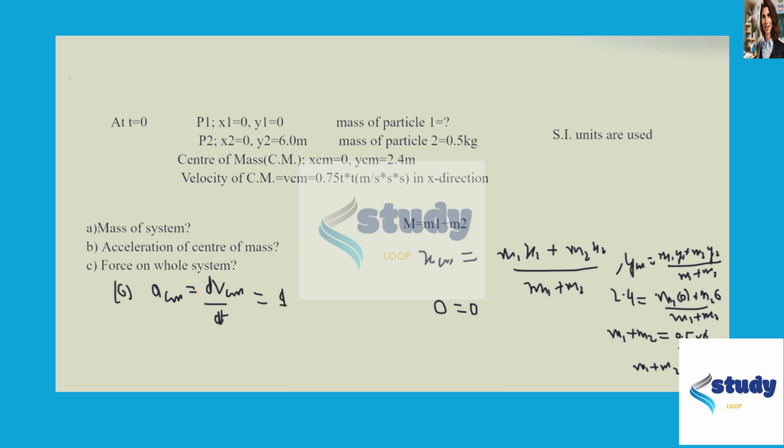We take V_cm, 0.75 t square, and the differentiation of t square is just 2t, and we multiply that here. So this is just 1.5 t, and the dimensions are meter over second cube.